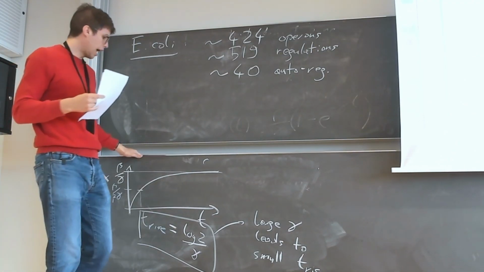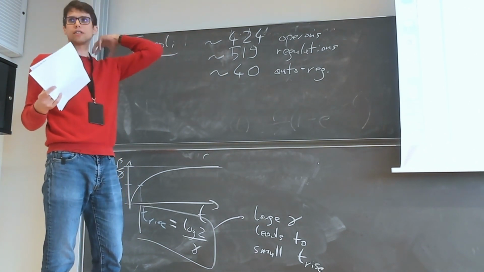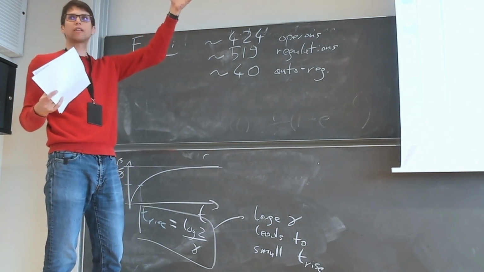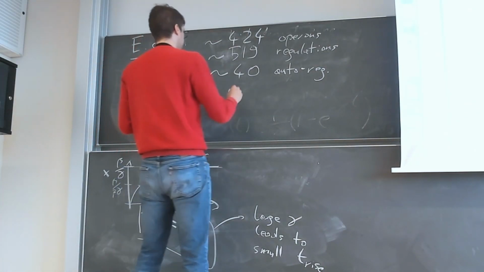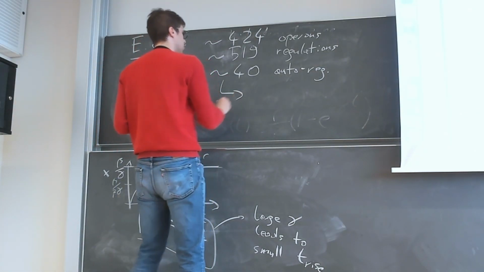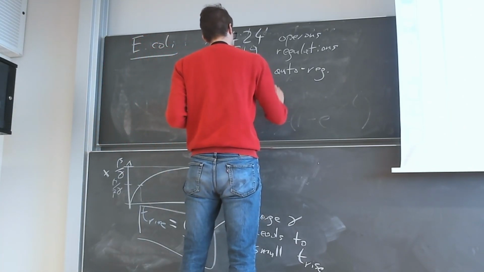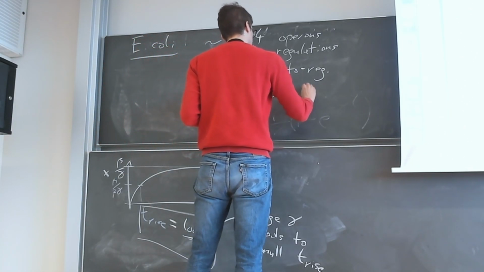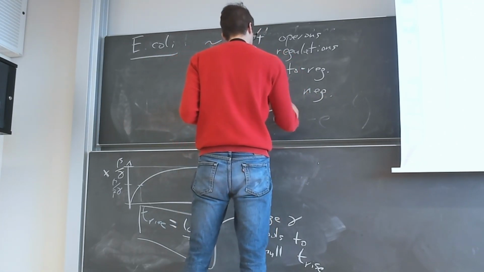Right? So you can totally have a gene that produces something that represses itself afterwards. Like the gene product, the protein represses itself. And if you zoom into these, you get 32 negative and 8 positive.